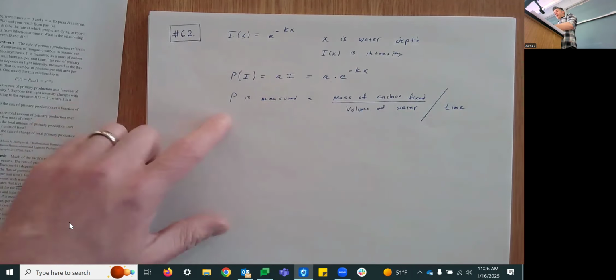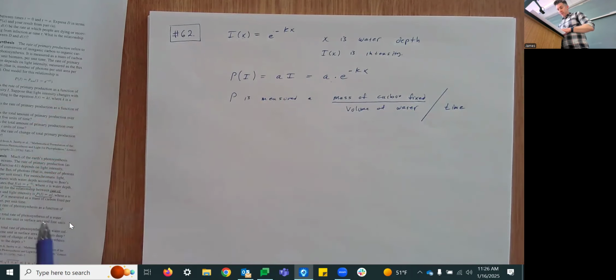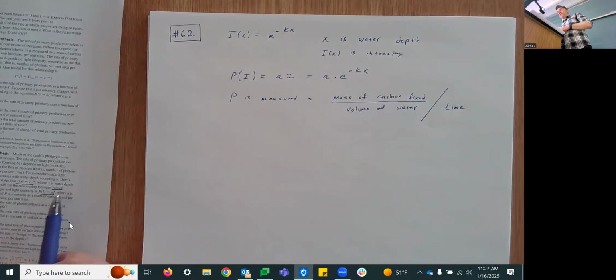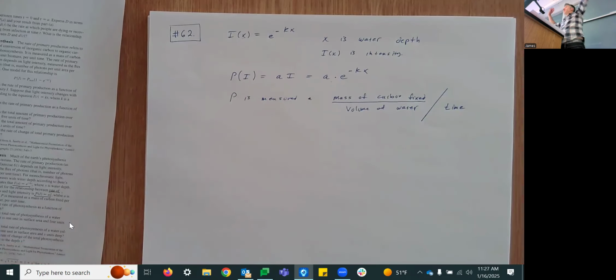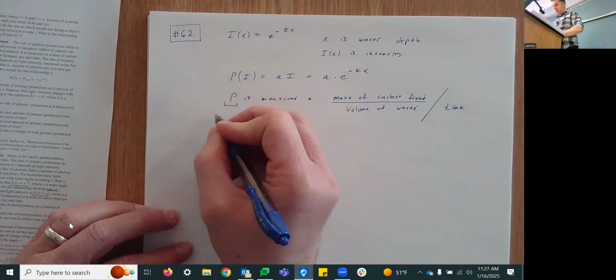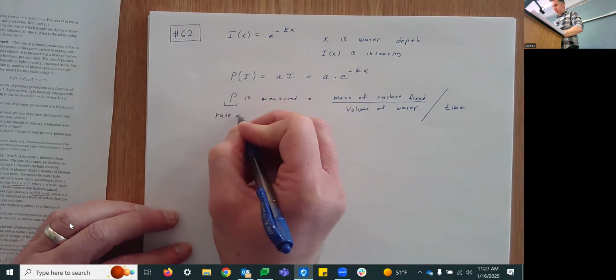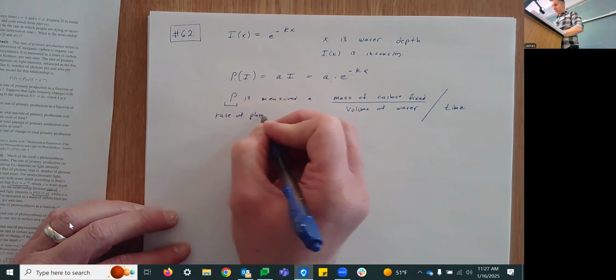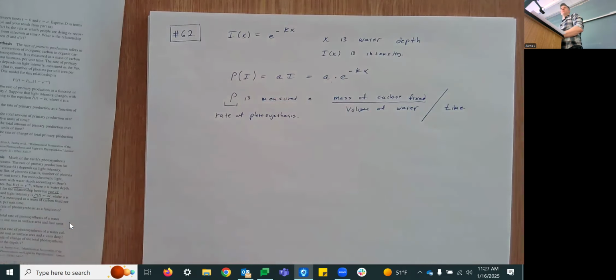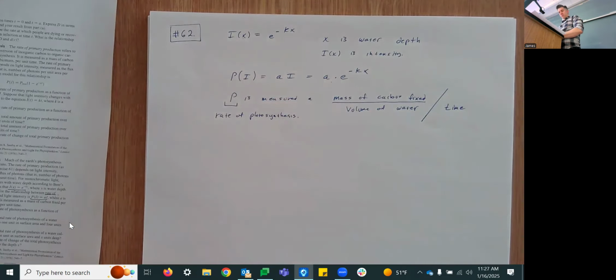I'll point out that, as stated, it's a simple model for the relationship between the rate of photosynthesis and light. So P isn't just the amount of photosynthesis, it's the rate of photosynthesis.